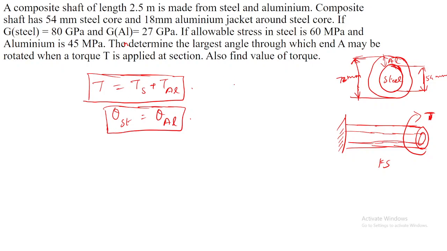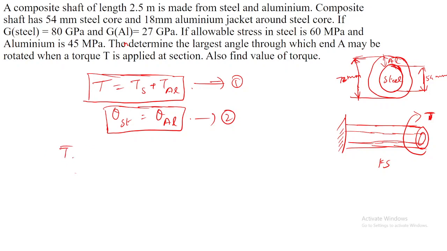So this is the first equation and this is the second equation. T is unknown here. The only thing I know is theta steel, the angle of twist in the steel section, equals the angle of twist in the aluminum section. So I have to find out the relation between the torque borne by the steel and the torque borne by the aluminum.